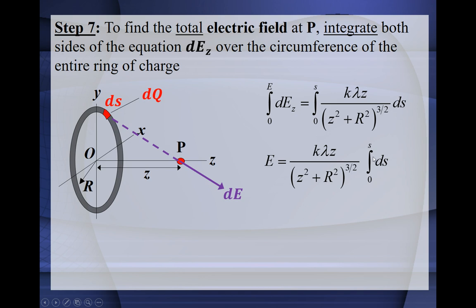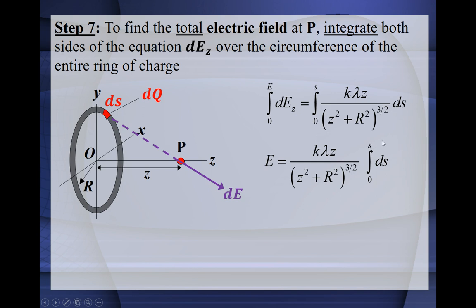Now, if you want, you can figure out this antiderivative. Technically, you just have 1 ds there, so the antiderivative of 1 with respect to s would be s. Or you can physically understand what this means: you take the ring of charge and break it into a bunch of ridiculously tiny sections in terms of arc length, and the integral says put them all back together over the entire circumference.